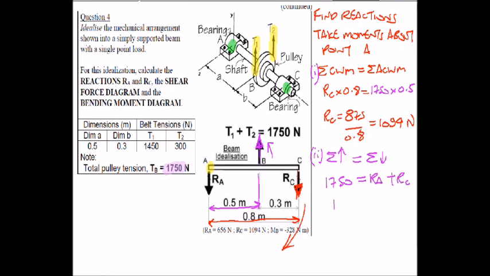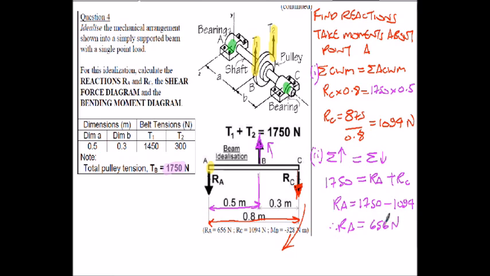We want to find RA, so rearranging, the RA will equal the 1750, and then take away the RC from above, the 1094. So therefore the reaction RA is equal to, in this particular case, 656.